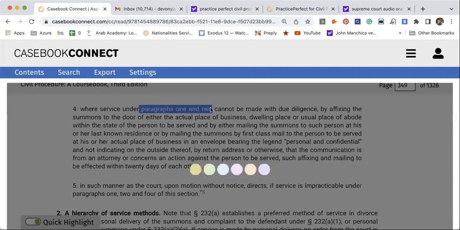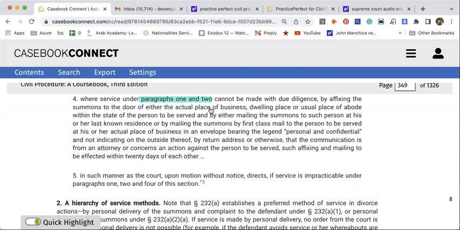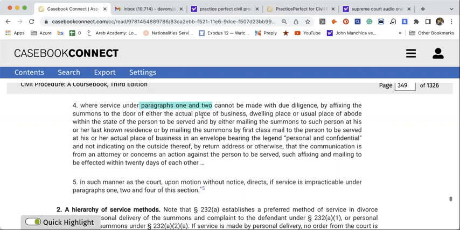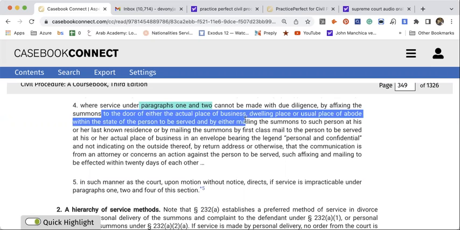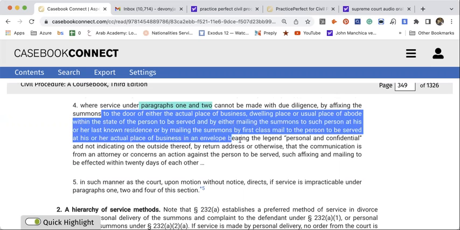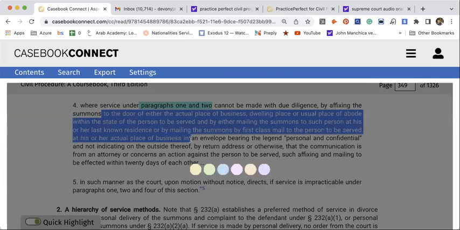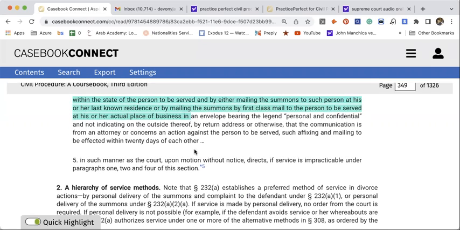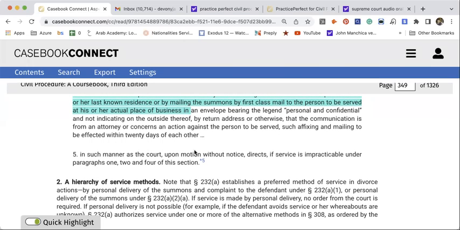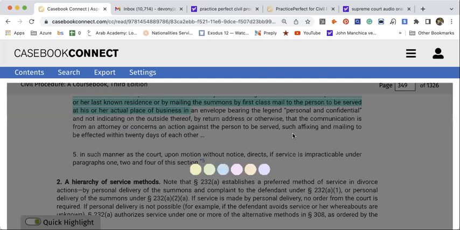or, where service under paragraphs 1 and 2 cannot be made with due diligence, by affixing the summons to the door of either the actual place of business, dwelling place, or usual place of abode within the state of the person to be served, and by either mailing the summons to such person's last known residence or by mailing by first class mail in an envelope that does not indicate by return address or otherwise that the communication is from an attorney or concerns an action against the person to be served, such affixing and mailing to be done within 20 days of each other.